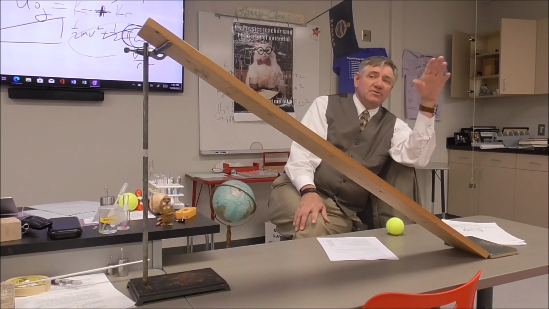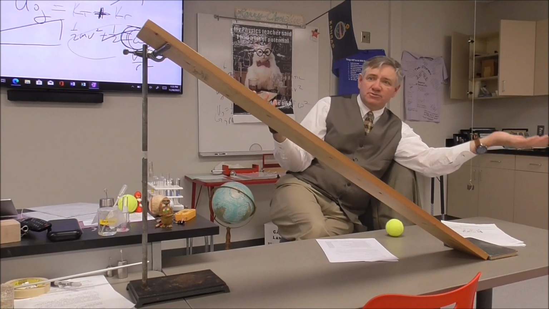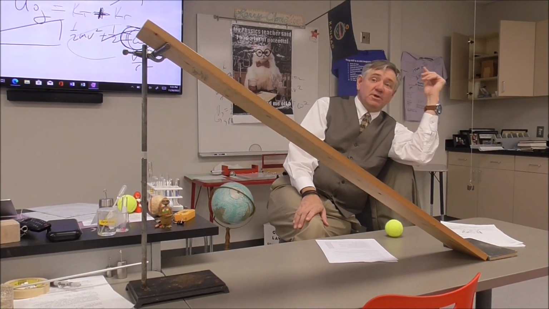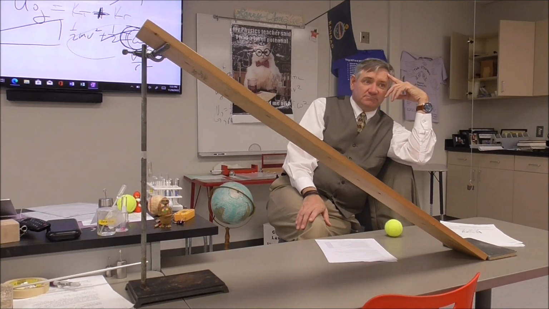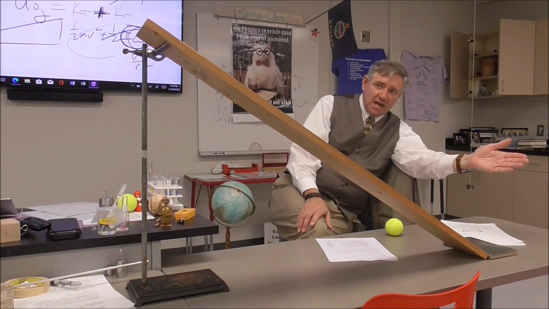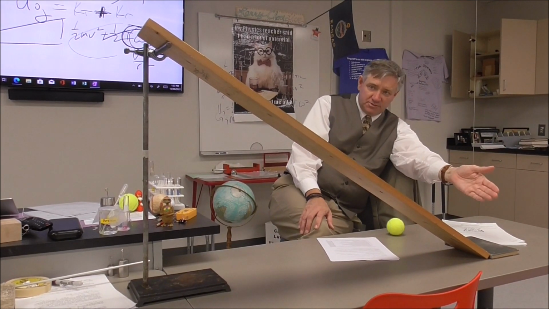is, let's say that you think it should have 0.2 joules of energy at the bottom. You measure it and you get 0.3 joules of energy. Where could you have screwed up in the timing, the distance, whatever? How did you gain 0.1 joules?